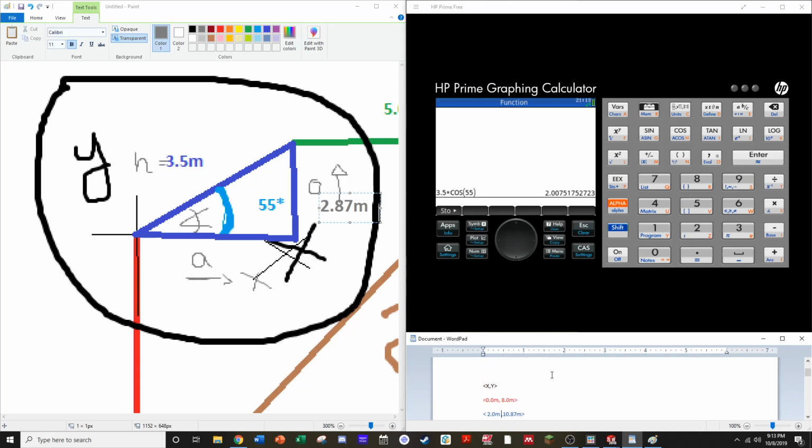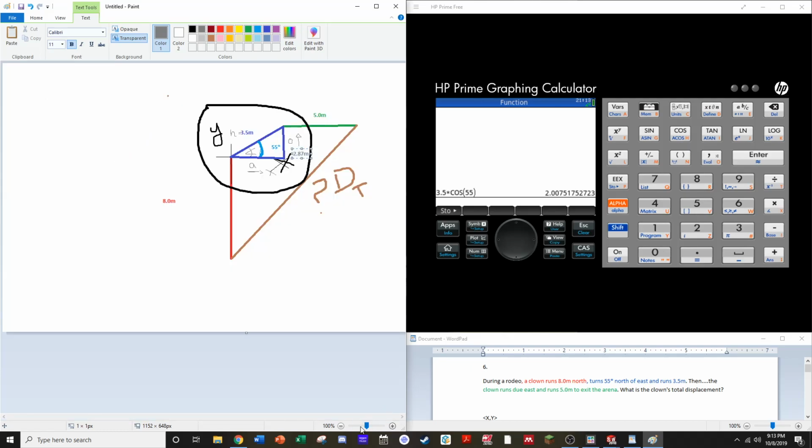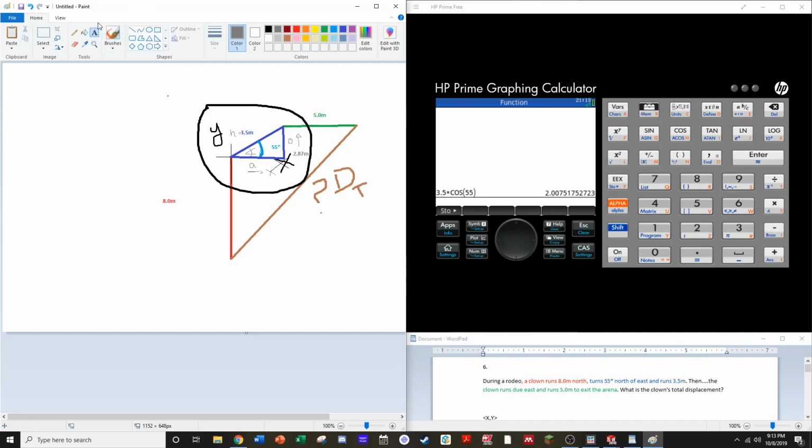Okay, awesome. Now the next part of this question handles right here, the 5.0 meters, okay? So we're going to go through and see how much of this I can undo.